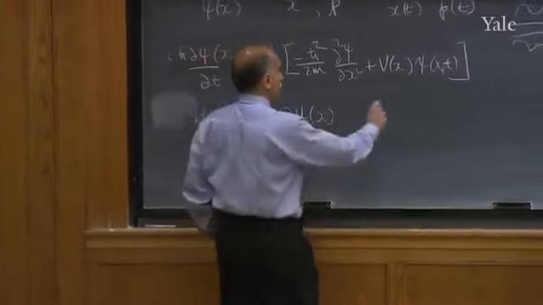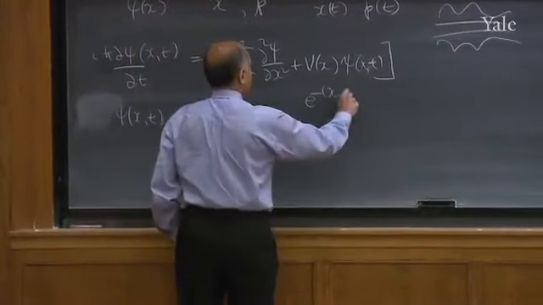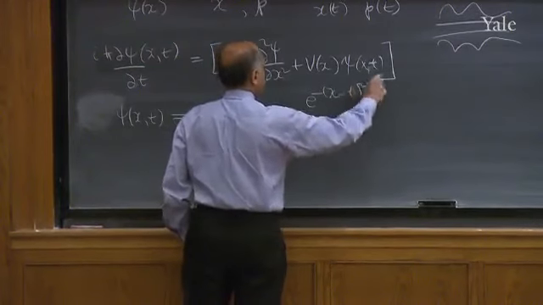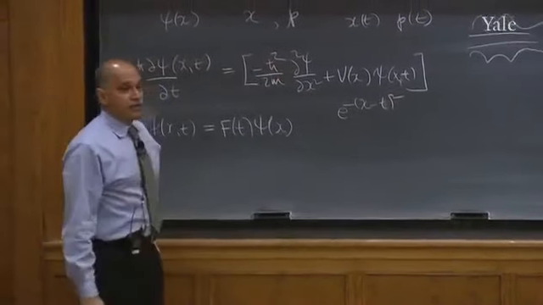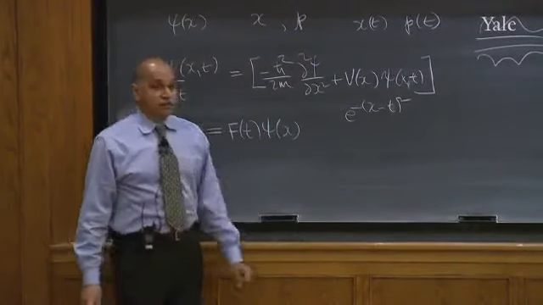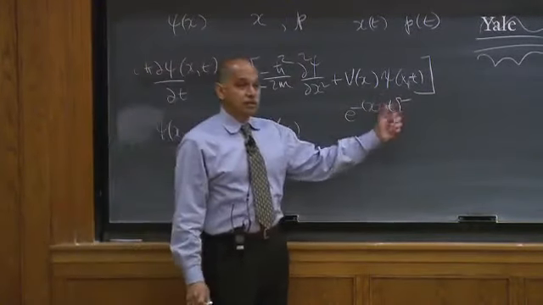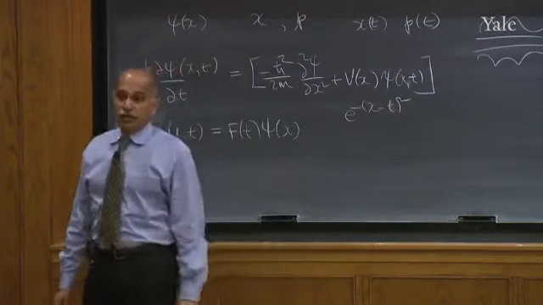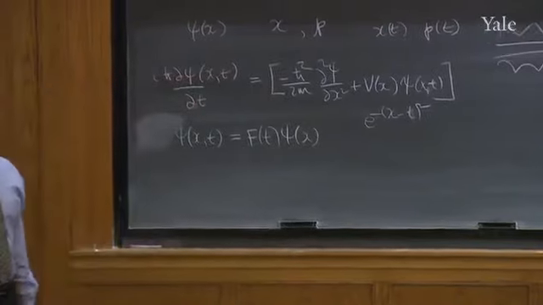For example, you can write e to the x minus some number times t, squared. That's a function of x and t. But it's not a function of x times a function of t. You see that? x and t are mixed up together. You cannot rip it out into two parts. So this is not the most general thing that can happen. It is a particular one.